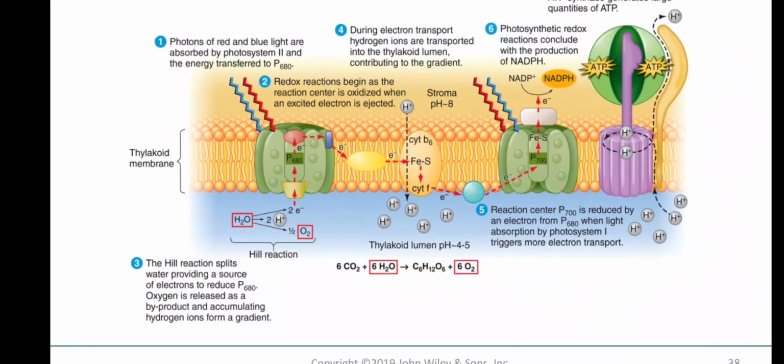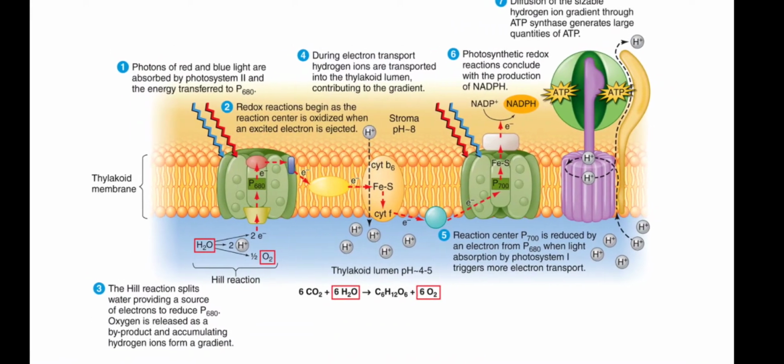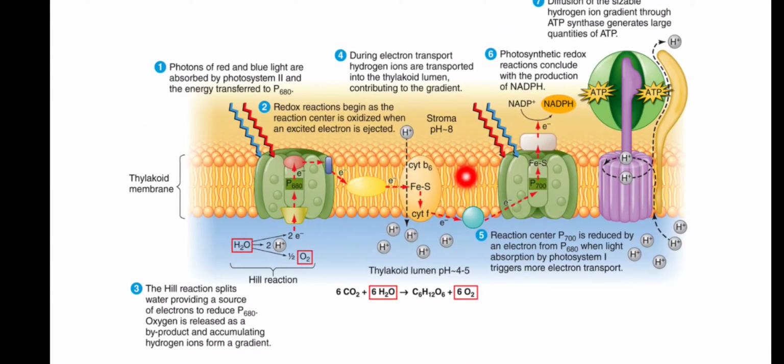I won't be looking into much detail, but the end result here is again the formation of a proton gradient. So just like in an electron transport system, you have a proton gradient that will be generated. Here the proton gradient is in the thylakoid lumen. So as the electrons get passed around, aside from the protons generated from splitting the water, you have protons from outside that will enter.